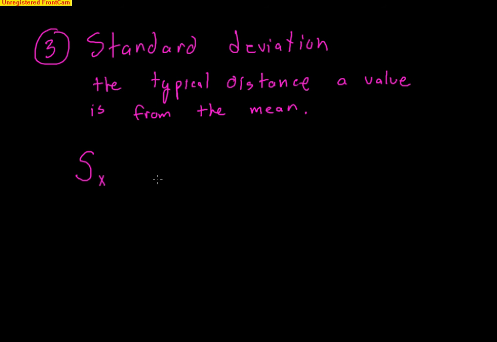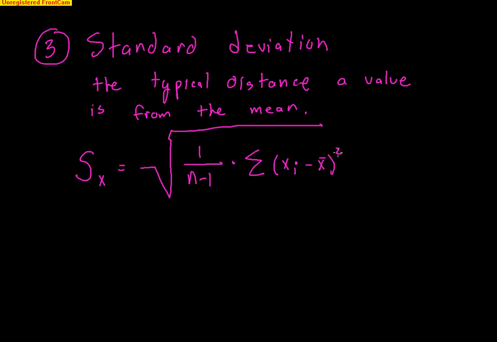Now, I'm going to write down the formula for standard deviation, and you might be a little bit confused, but I will go over how to find it. You have a giant square root. Then you have 1 divided by your sample size minus 1, and you multiply that by the sum of each individual value minus the mean, squared.